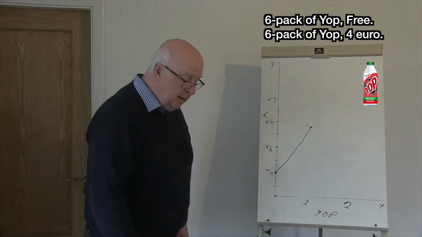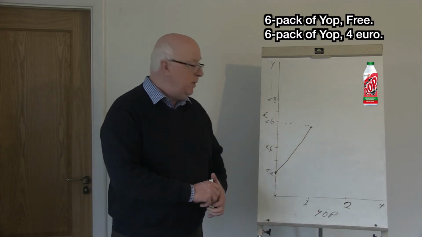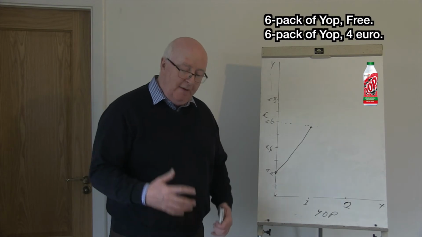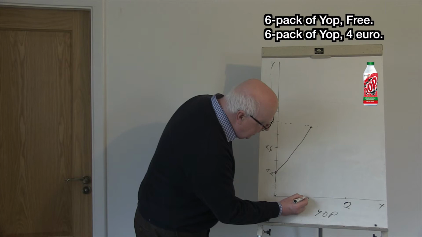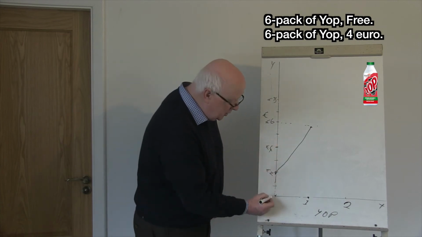Now, the next example I want to look at is, you might go to the shop and we'll see what happens if he gives us a free Yop. So we're out as far as here with one free Yop, but it has cost us nothing. It has cost us €0.